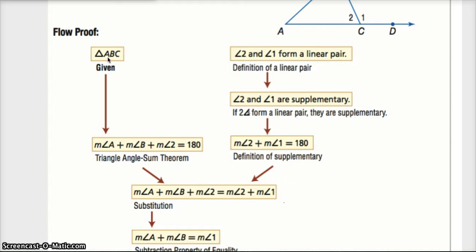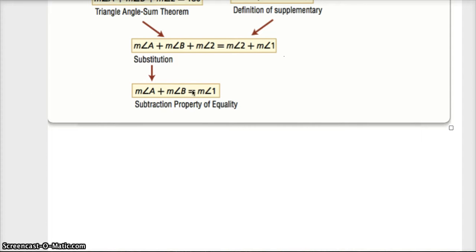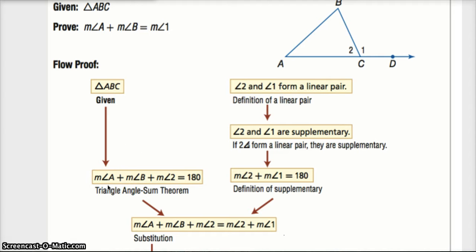To justify that the sum of these two angles is equal to this one angle, we first explore the idea that the three angles of the triangle add up to 180. We're given that by the triangle sum theorem.